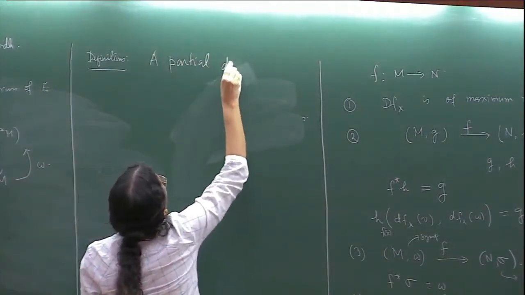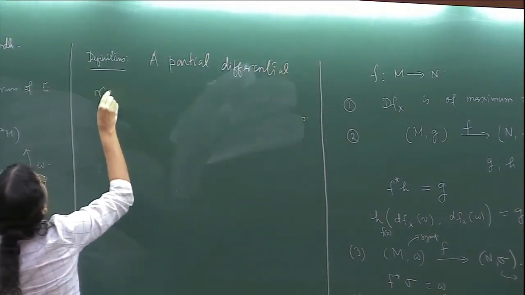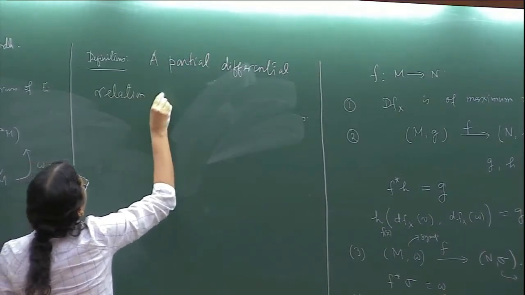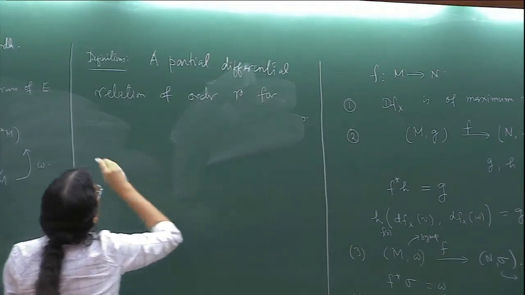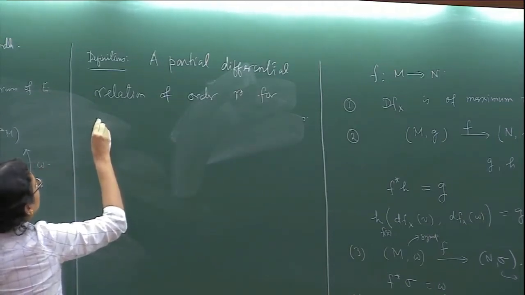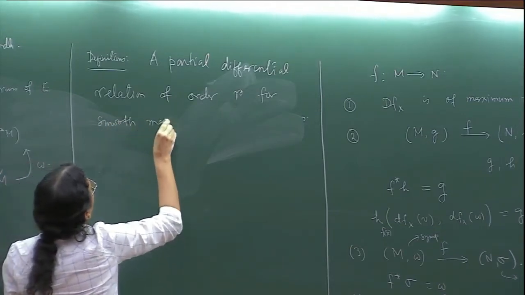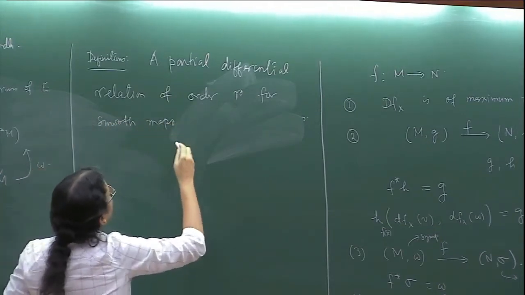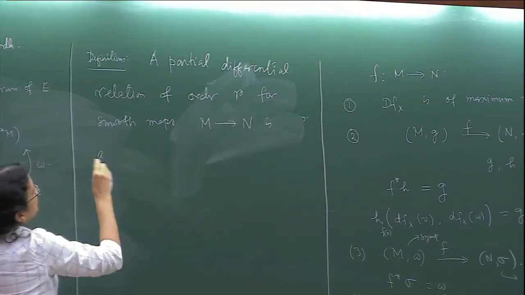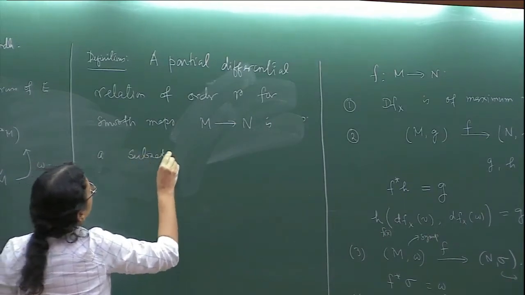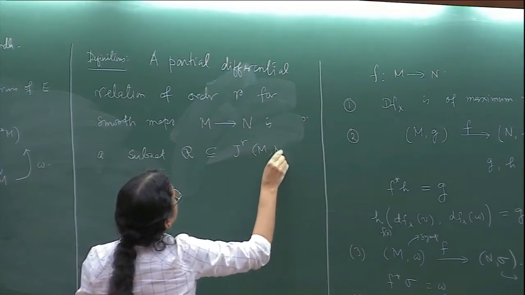A partial differential relation of order r for smooth maps, which can also be C^r maps, from M to N is a subset R in the r-jet space.